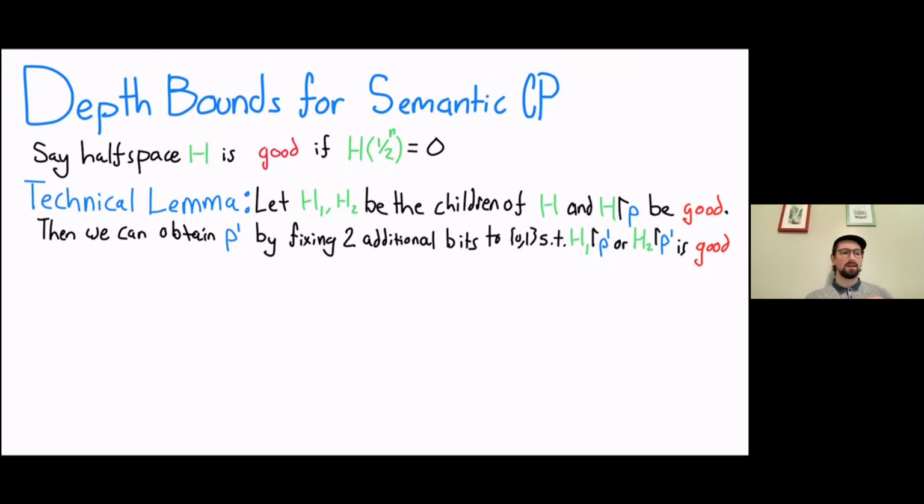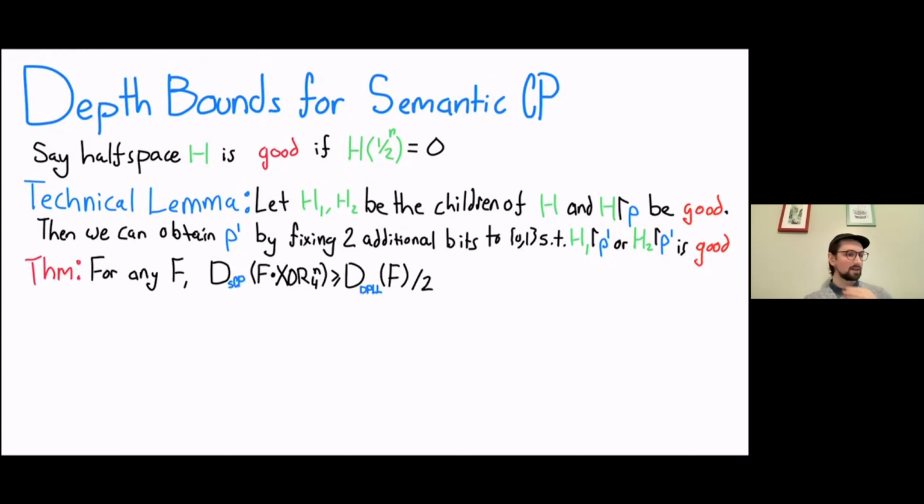Then maybe H1 and H2 are both not falsified by the all-half point. But if we take this all-half point and fix 2 of its bits to 0, 1 values, then under this restriction, one of the 2 children is falsified by the all-half point. And this is going to let us continue.